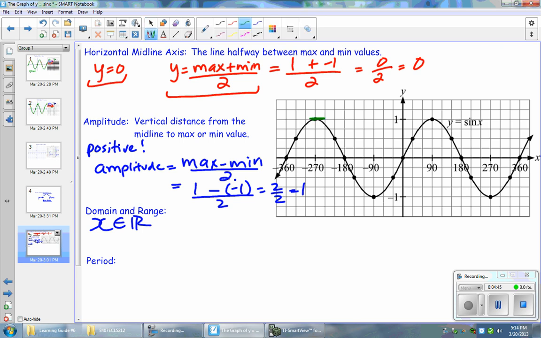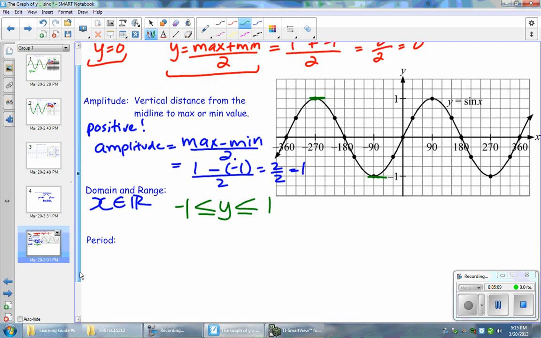We have a max value of 1 and a min value of negative 1, so we don't go past those points. So we can conclude that the range is greater than or equal to negative 1, but less than or equal to positive 1. So keep that in mind for your sine waves, that your y values are going to be restricted. And that all depends on what your max and min values are going to be.